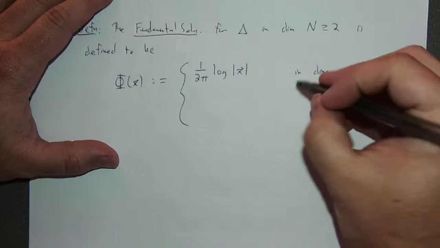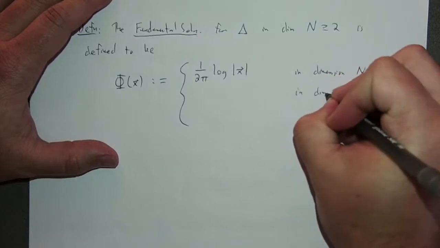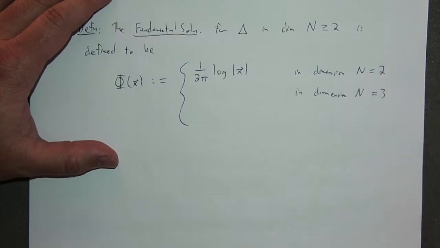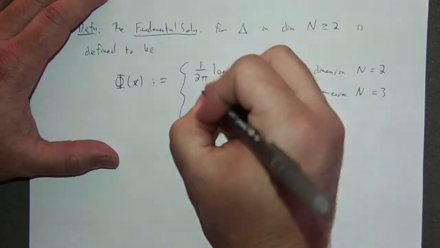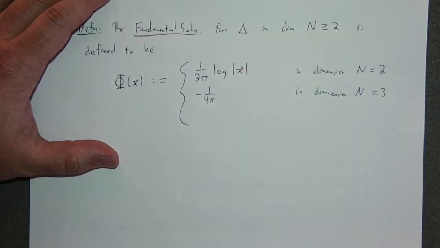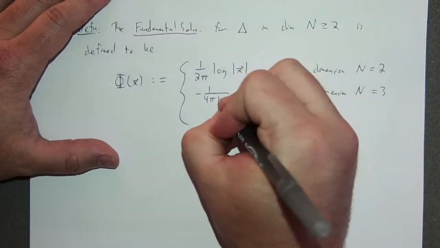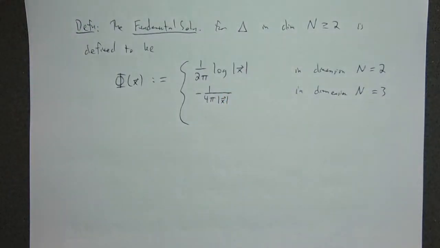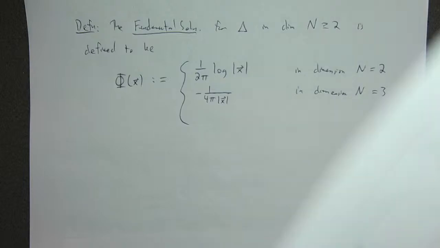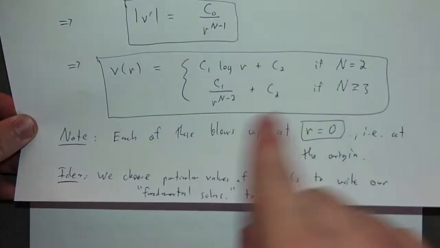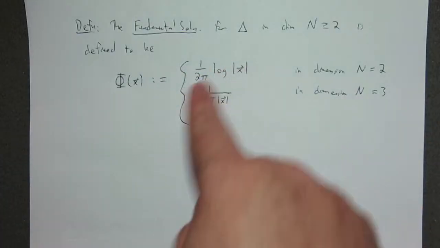In dimension n equals 3, this is minus 1 over 4 pi times the length of x. Notice the relationship between this form of the radial solution and what I have written here.